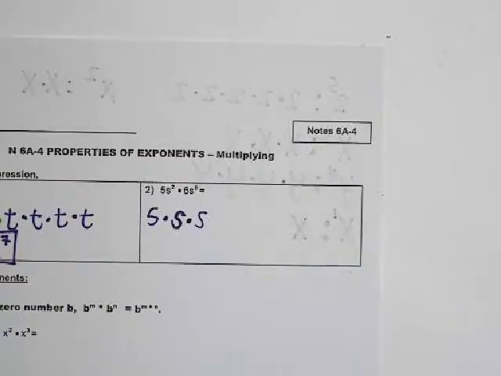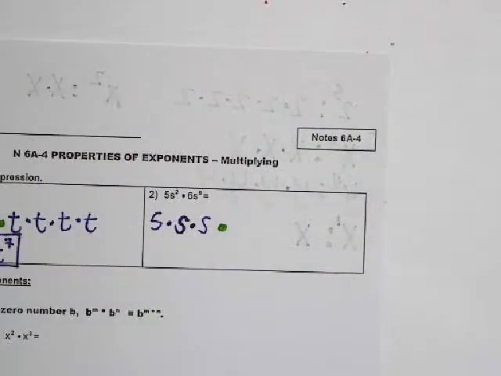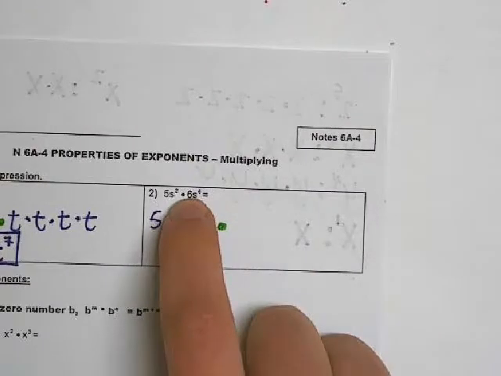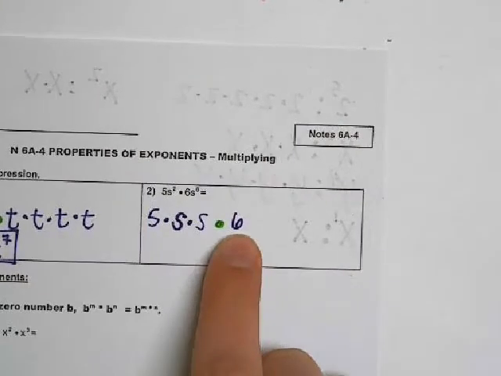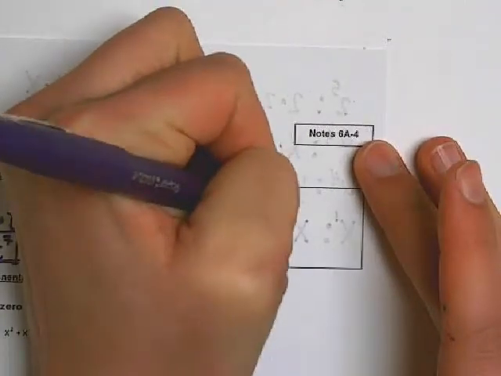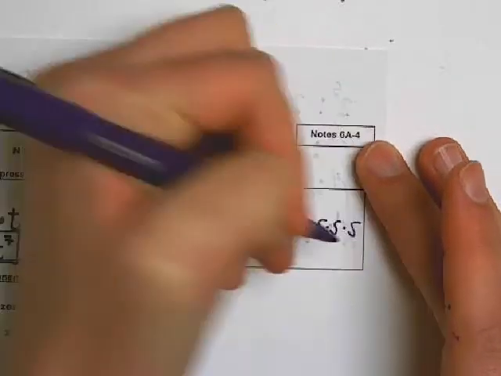Then what's happening between the 5s squared and the 6s to the 6th? Multiplication. Okay. How many 6's do I have? The big 6. Just one 6. It doesn't have an exponent, so it's just a 6. How many s's do I have? 6. 1, 2, 3, 4, 5, 6.